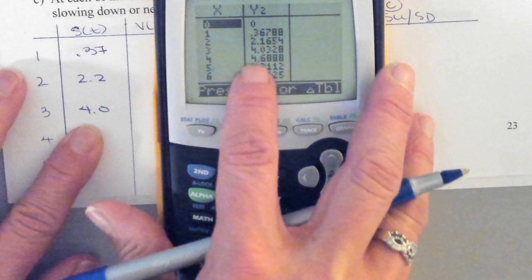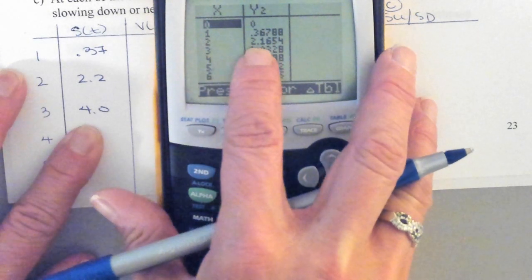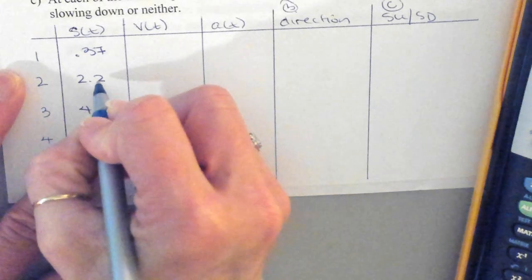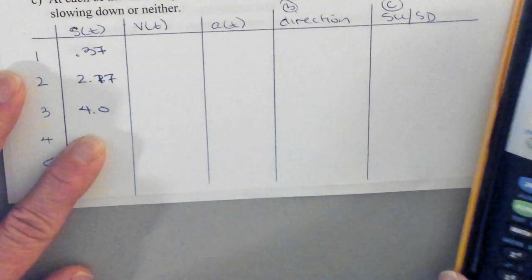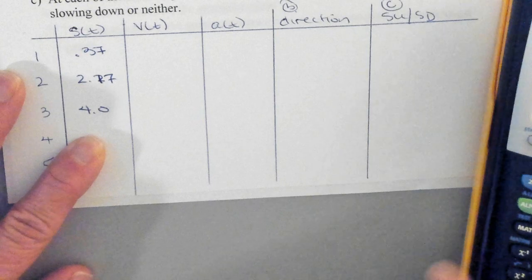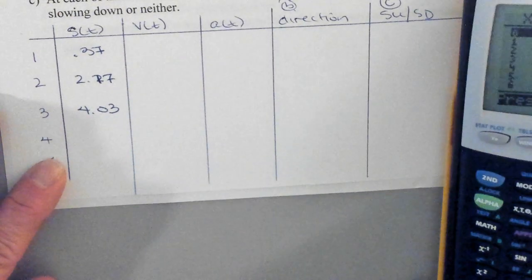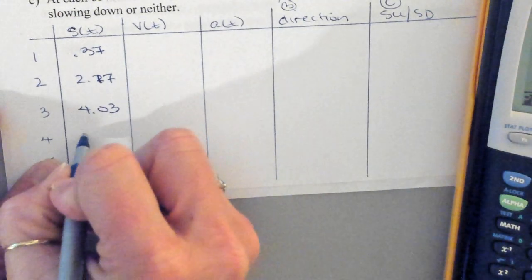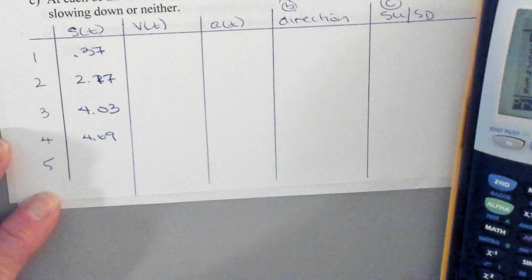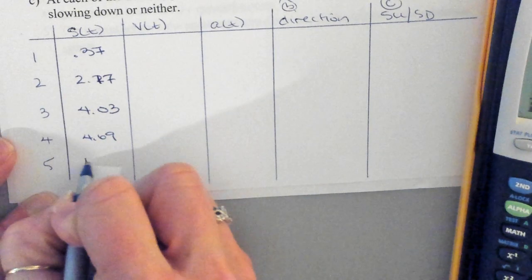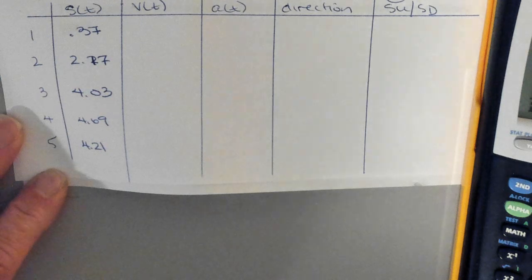So what is that? 2.17. So what is this? 2.03. 4 is 4.69. Is that right? And then 5 is 4.21.